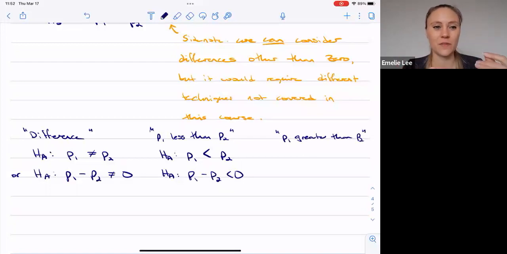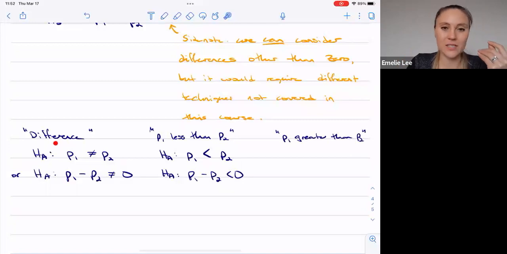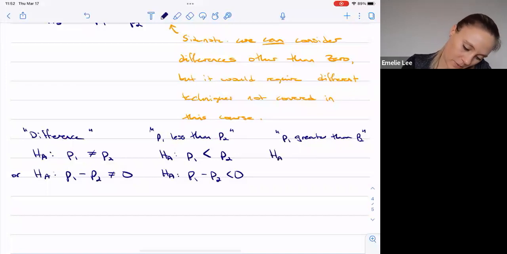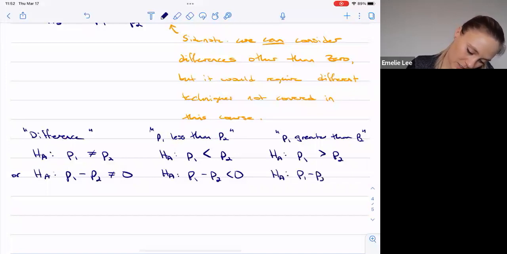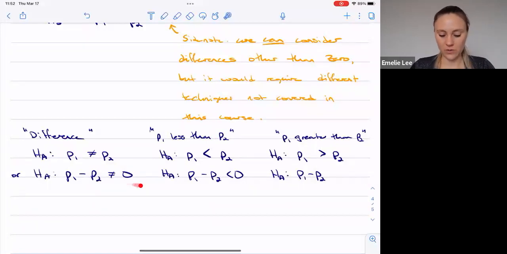And of course, it depends on the question, right? If you're testing a difference, then that's the easiest option. But if you want to prove that P2 is significantly less than P1, that's this scenario, right? So you'd have to really keep track of what the question is asking you for. So the alternative hypothesis in terms of just P1 and P2 is P1 is greater than P2, or P1 minus P2 is greater than 0.